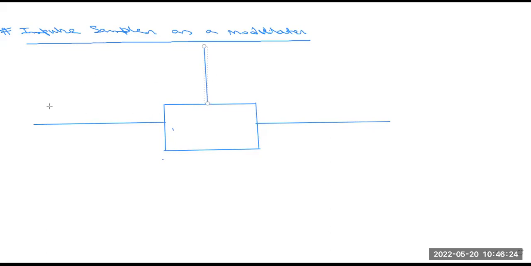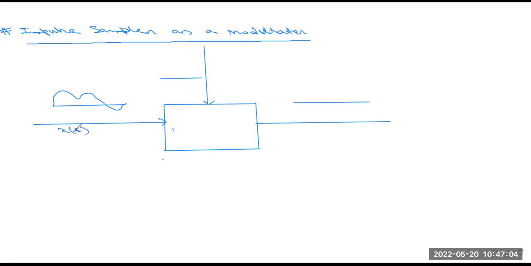Now this is the input signal I'm drawing here, this is the output signal drawn here, and one carrier signal we have to attach here also. This is the input signal or modulating signal. This is the carrier.